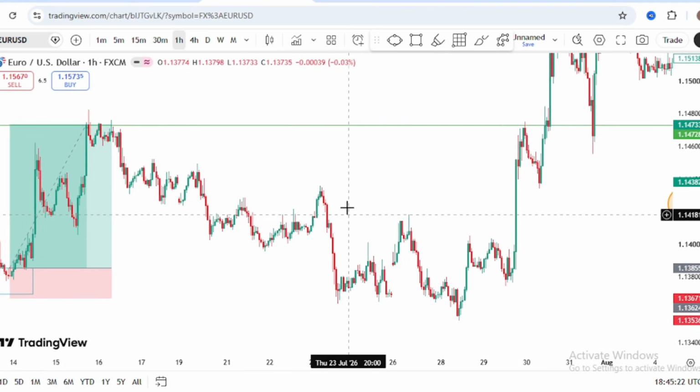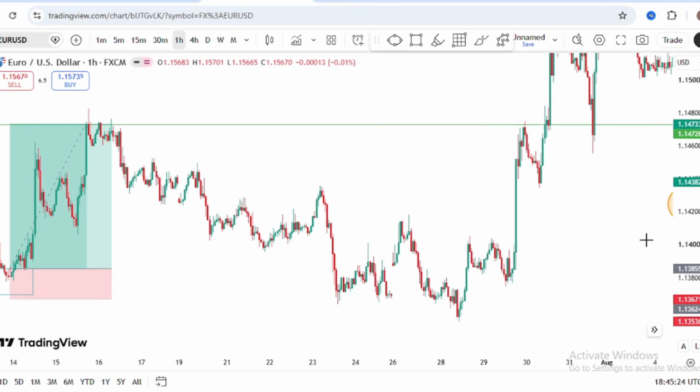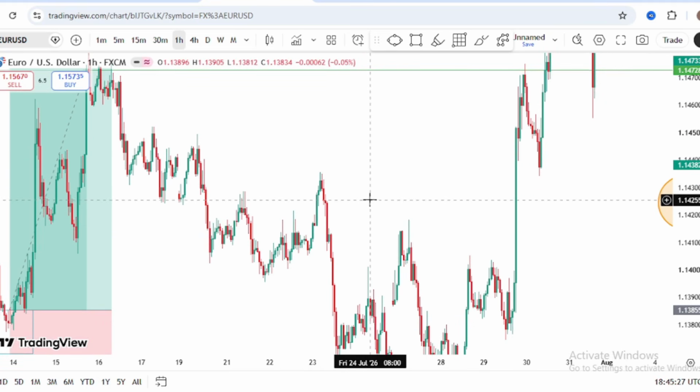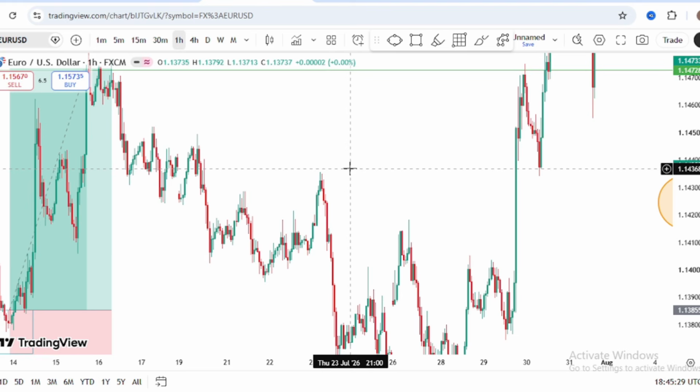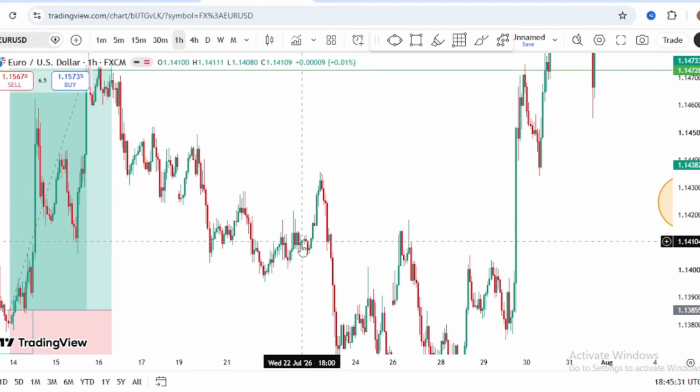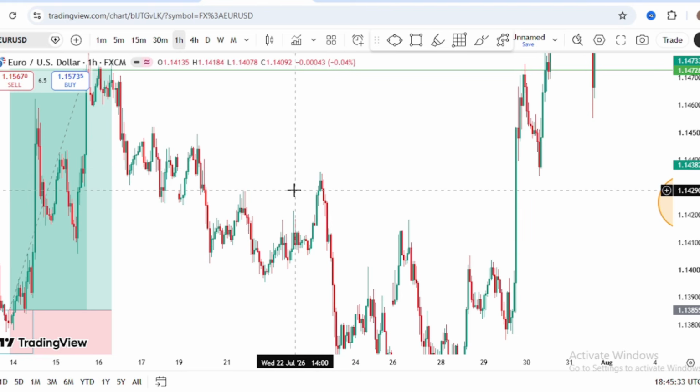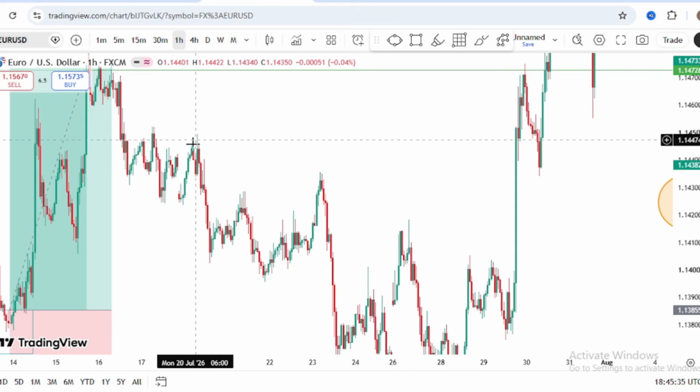As you can see, price is making a series of lower high, lower low, and it created liquidity. And here is the last up close candle. Let's mark it out.